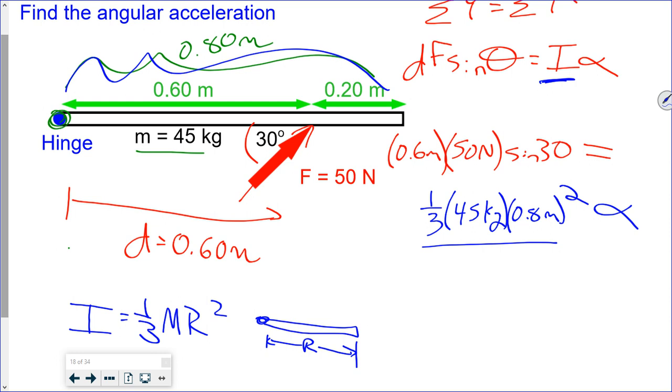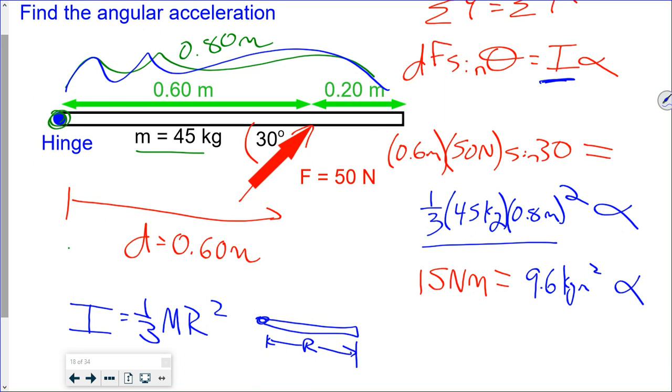What I just wrote here in blue is I times alpha, and solve it. So the red half of this, 0.6 times 50 is 30, times the sine of 30 gives you 15. So you're going to get 15 newton meters as our torque, equals the rotational inertia, which I have written on this piece of paper, 9.6 kilogram meters squared, times alpha.